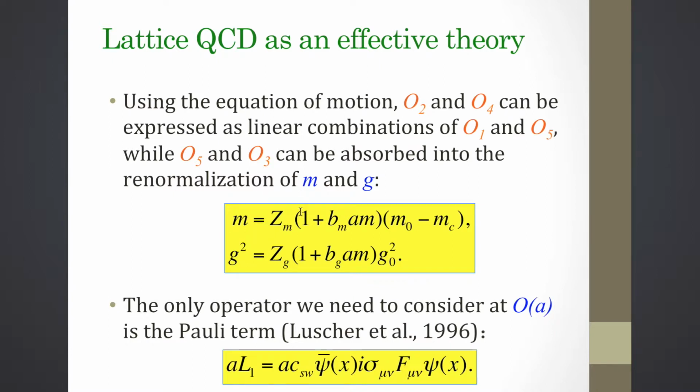In this way, the renormalization equation for the mass and coupling has to be modified by adding the lattice effects, which is characterized by the low energy constants Bm and Bg here. These constants are non-perturbative and they can be fitted with lattice simulations. So finally, the only operator we need to consider at order a is the Pauli term.